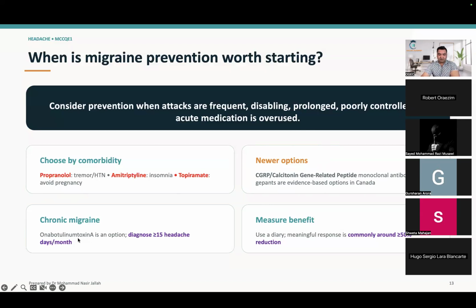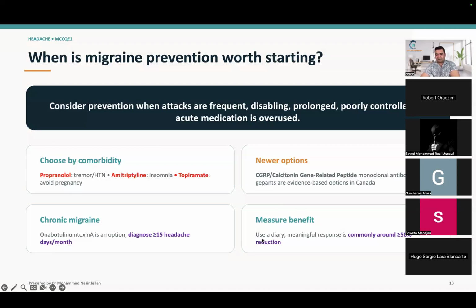And for chronic migraine, they may give you a scenario for a patient who has this condition for a long period of time, or they mention the patient has chronic migraine. What is the best option for chronic migraine? For that, we use botulinum toxin A. Diagnose 15 or more headache days per month.